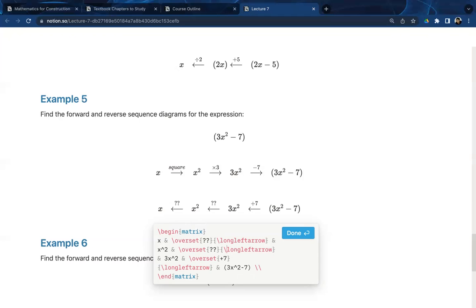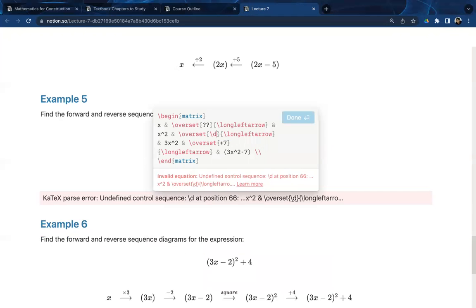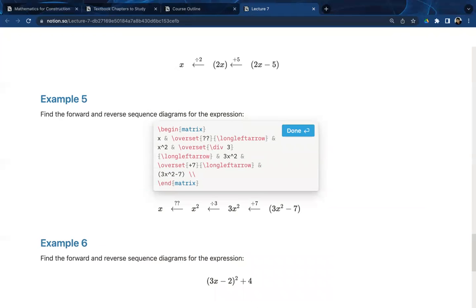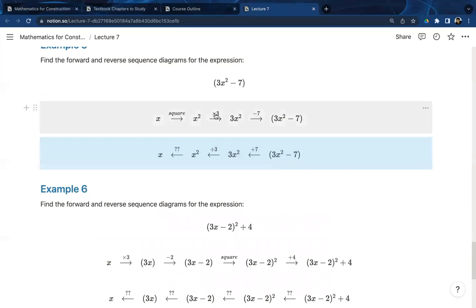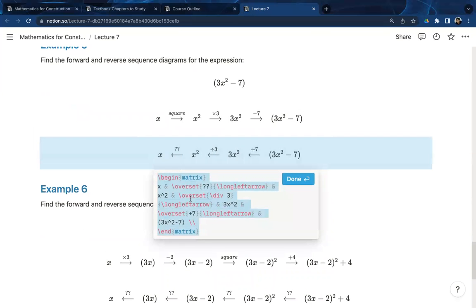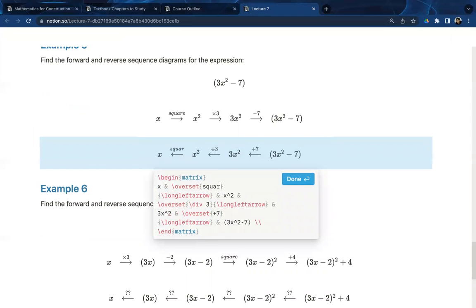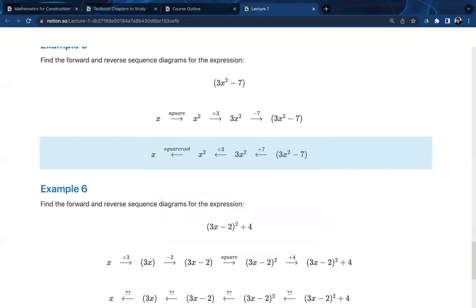Then, what is the reversal of multiply by 3? Divide by 3. So multiply by 3 reversal is divide by 3. What's the reversal of square? Reversal of square is square root. It really is that simple, okay? The hardest thing to do is to get a forward diagram.